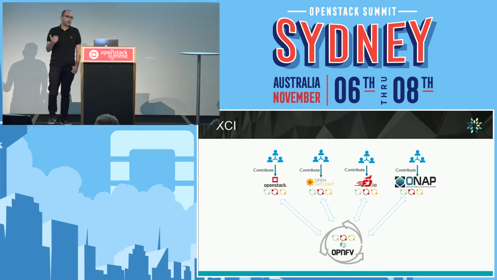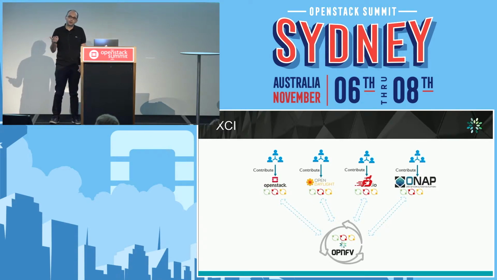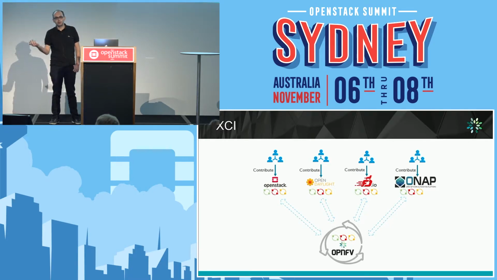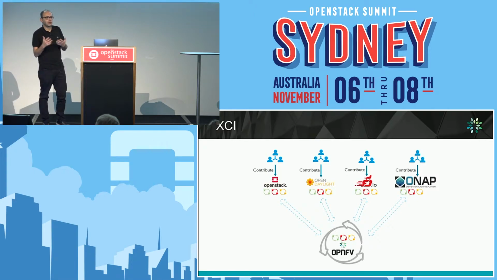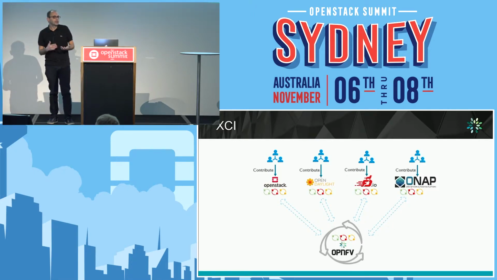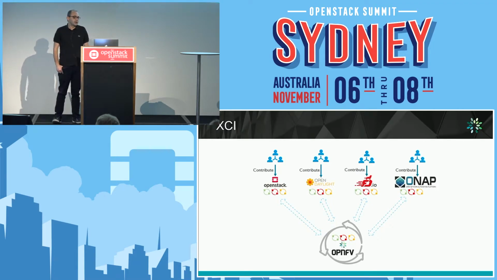Because of that, we needed to differentiate this and tell other communities, okay, we are doing this for all these different communities, and whatever we are doing for OpenStack might be relevant for you as well, for example, Open Daylight. So this is cross-community. You will get these benefits from this CI system as well.